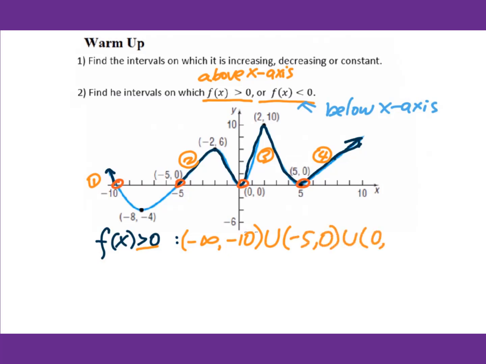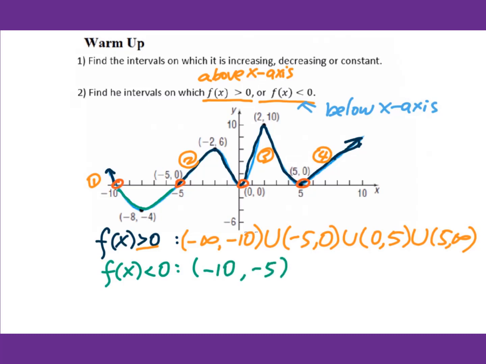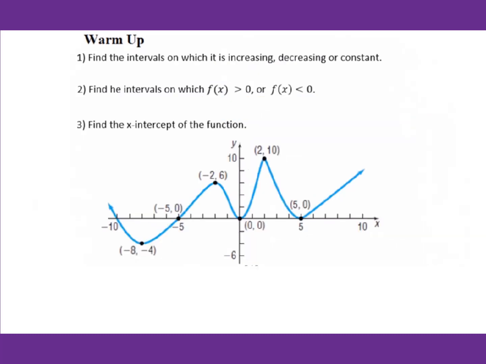From 0 to 5. From 5 to infinity. For f of x less than 0, we need the graph below the x-axis, from here to here. Therefore, we only have one interval to write, -10 to -5.